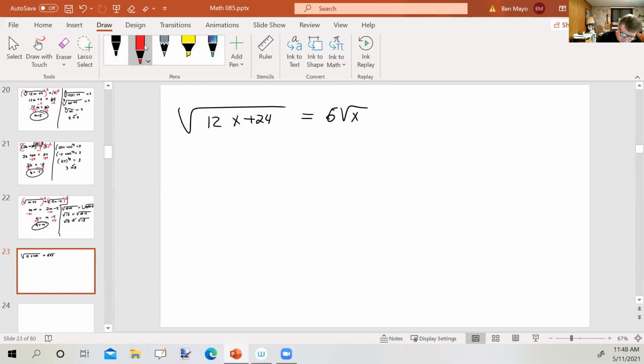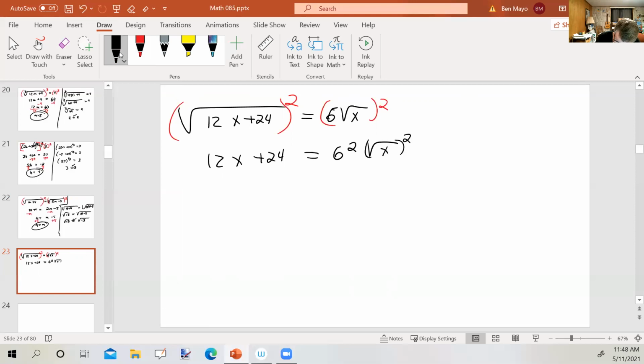But we need to be careful, because when we square both sides of the equation, on the left side we're going to get 12x plus 24. But on the right side, we have a product, 6 times the square root of x, a product raised to a power. So we're going to attach that exponent to both of the factors. What that ultimately gives us is 36 times x.